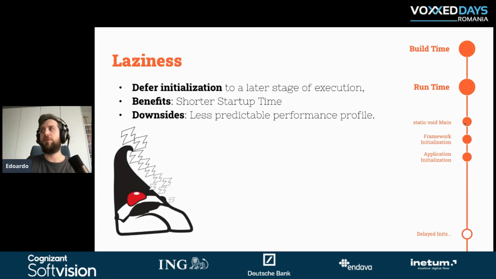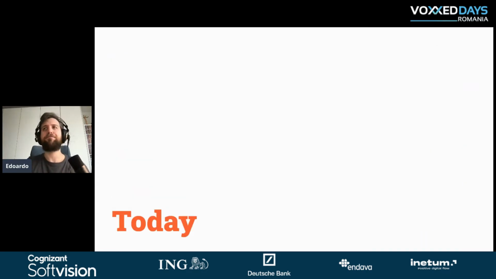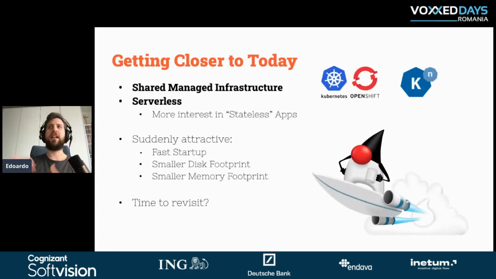The time you take to reach your static void main stays the same because that's JVM overhead, but you reduce the framework initialization time and possibly your application initialization time because you delayed initialization to a later stage. The issue with that approach is that, unfortunately, it makes for a less predictable performance profile, because that delayed initialization could occur at any point in time during your runtime. So that's a trade-off, right? It's easy to achieve, but it may have an impact.